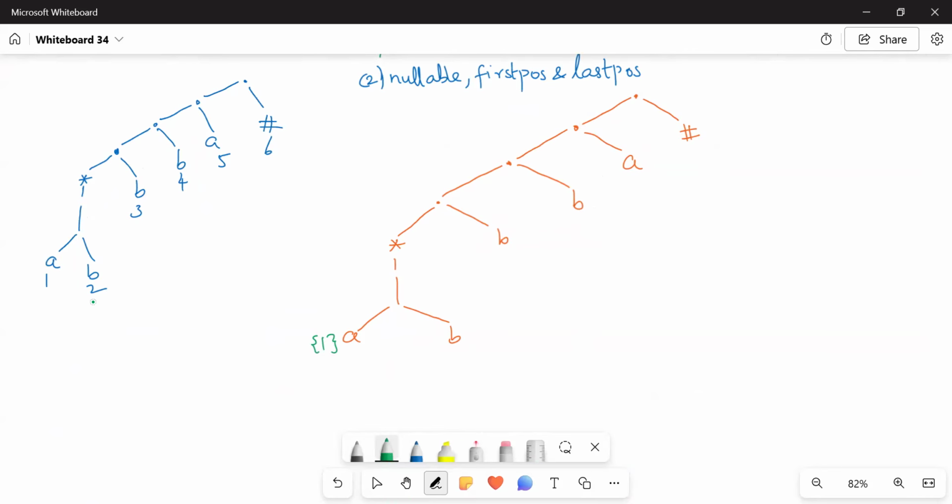Similarly for b, first position of 2 is 2. First position of this b is 3, of this b is 4, and here 5.